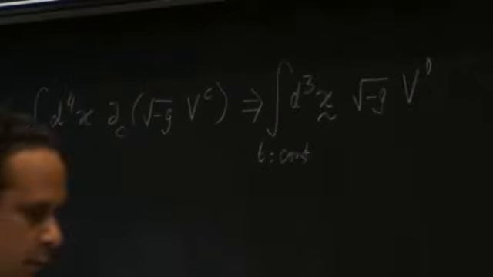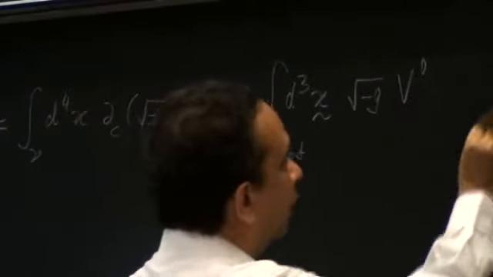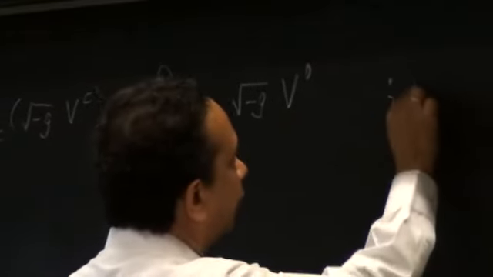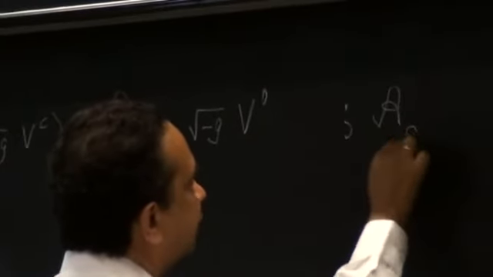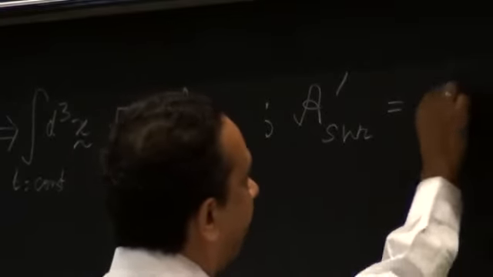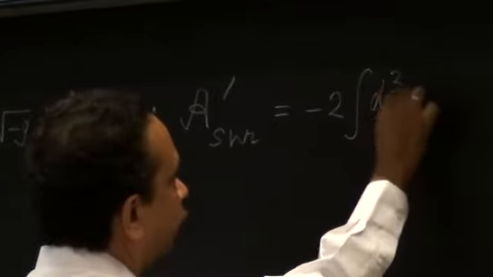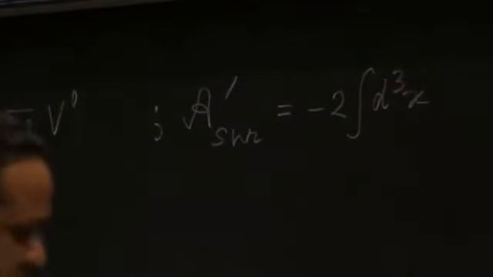Now let us look at the Gibbons-Hawking counter term. That is given by another A surface. Let me call this A surface prime. That quantity is minus 2 integral over d3x of root h.